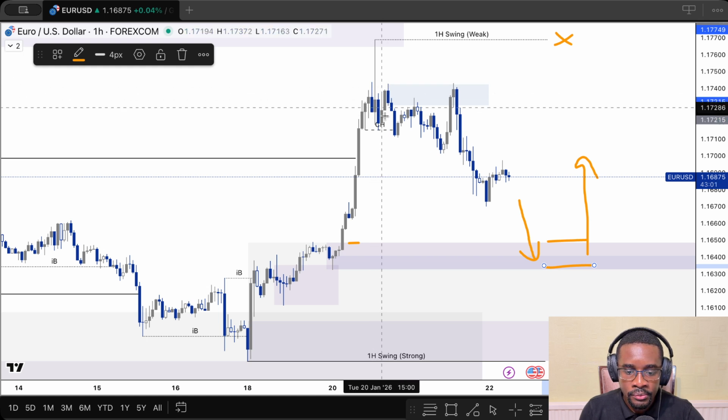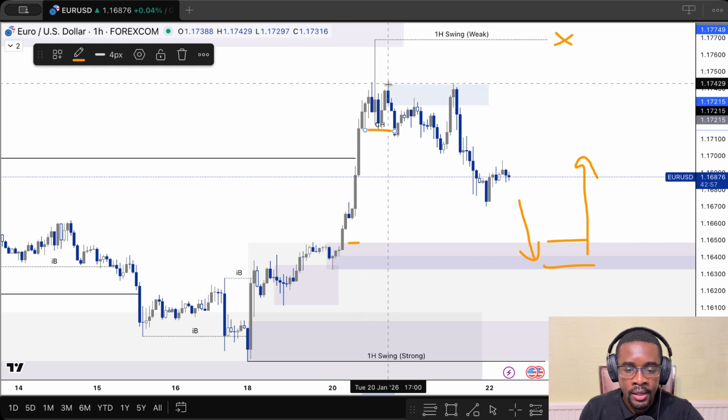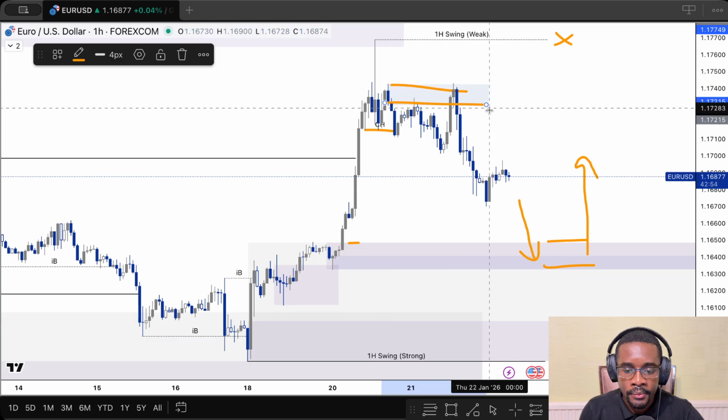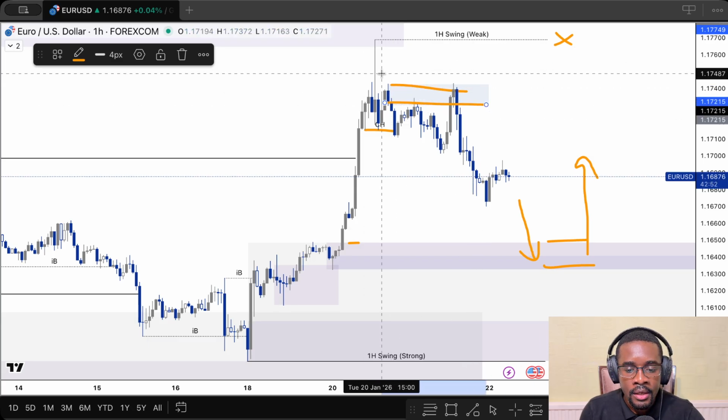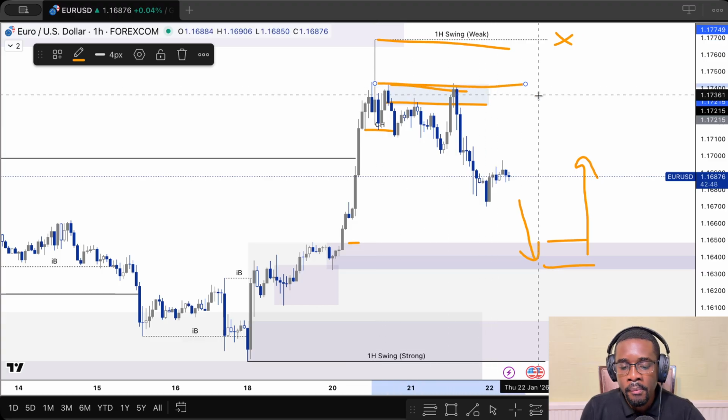On the way down, we didn't really have any clear structure, except of course we had a choke right here, and then we had this 1 hour supply. Obviously we could measure it all the way from the top.